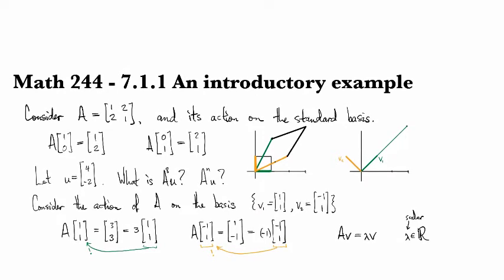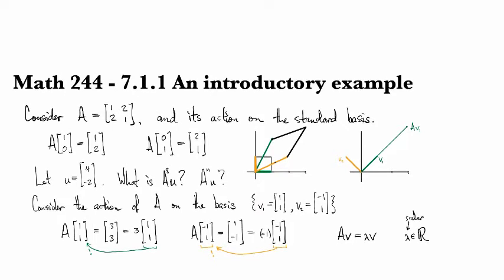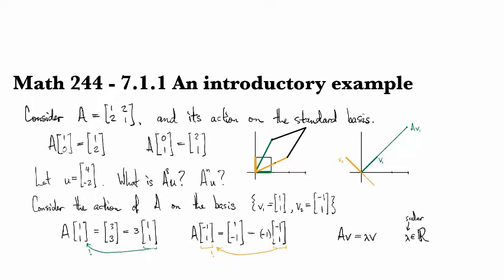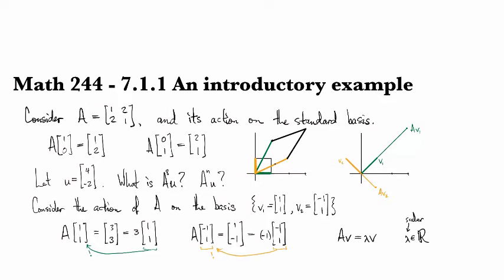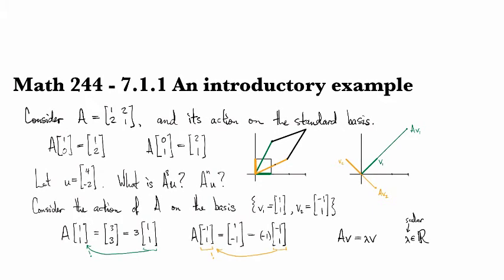So this one here is A times V1. And the image of V2 is going to be out here. So this is A times V2. So it's on the same line. So it points in the same direction, or it's parallel to V2 in the fact that it's a scalar multiple of V2. It just happens to be a negative scalar.